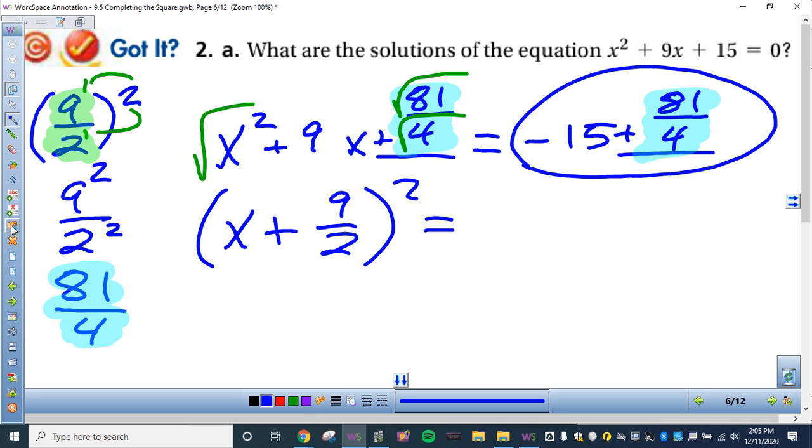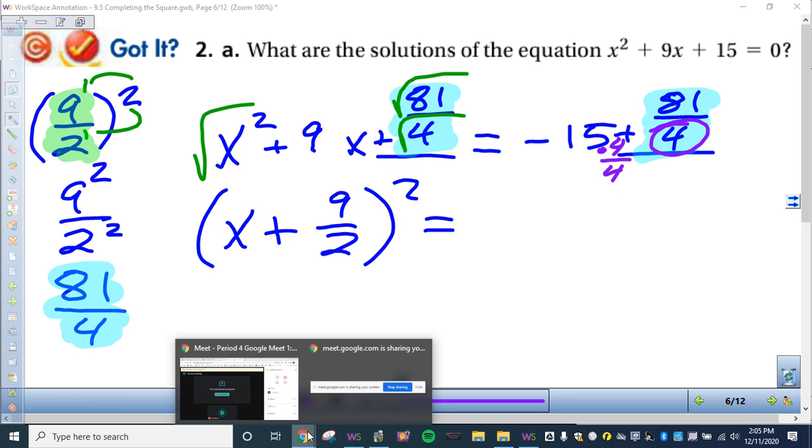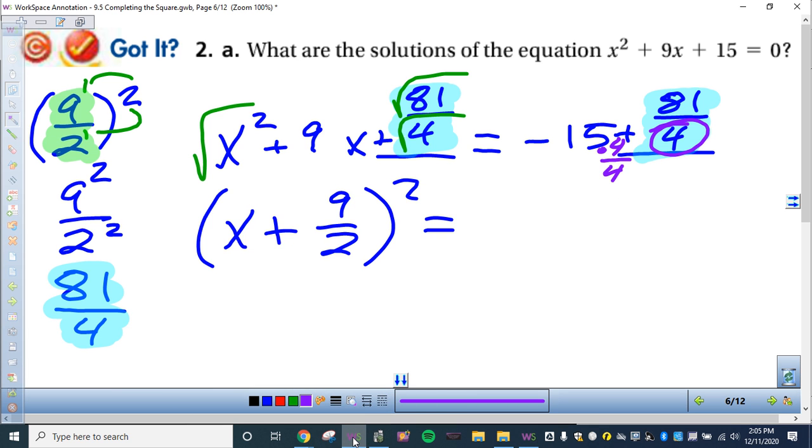Here's how you do it by hand. So, because of this denominator right here, 4, we're going to multiply 15 by 4 over 4. So when you multiply an integer and 4 over 4, you multiply the numerators, leave the denominator alone. So negative 15 times 4 is negative 60 over 4 plus 81 over 4.